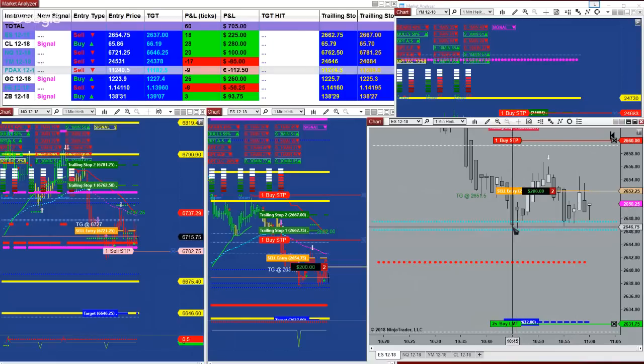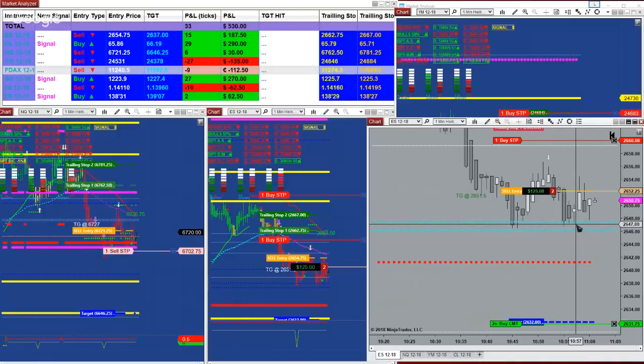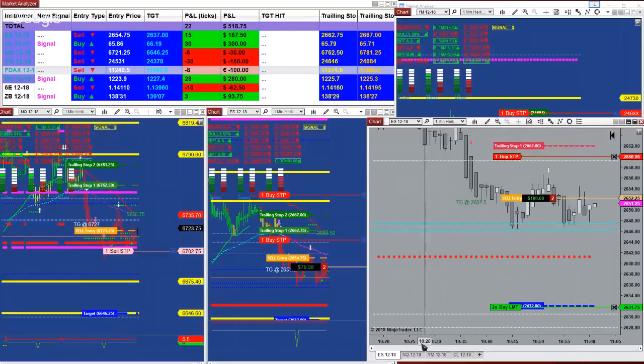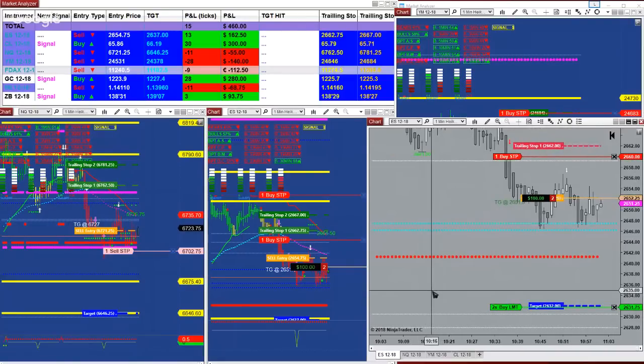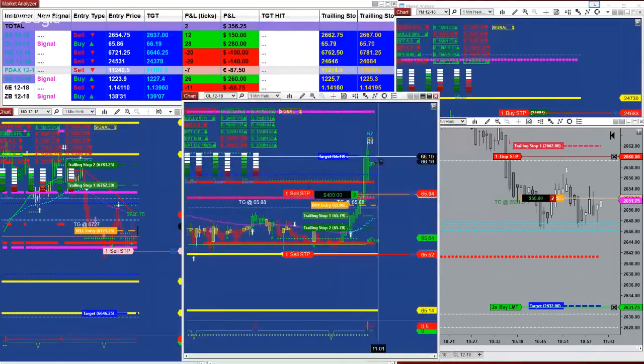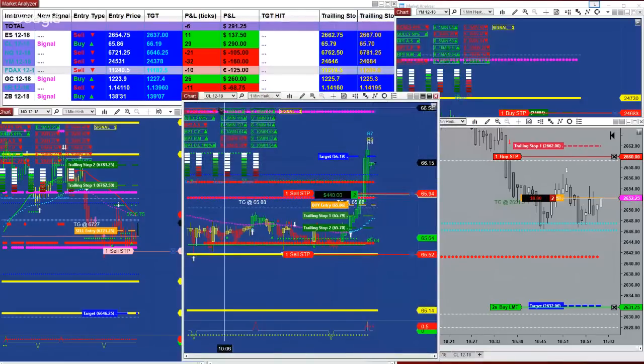And this ES is struggling to break this area here. And there is nothing we can do with our power to push it, unless one of you is able to put 1,000 contracts somewhere and push it down. But the CL has already hit the target.